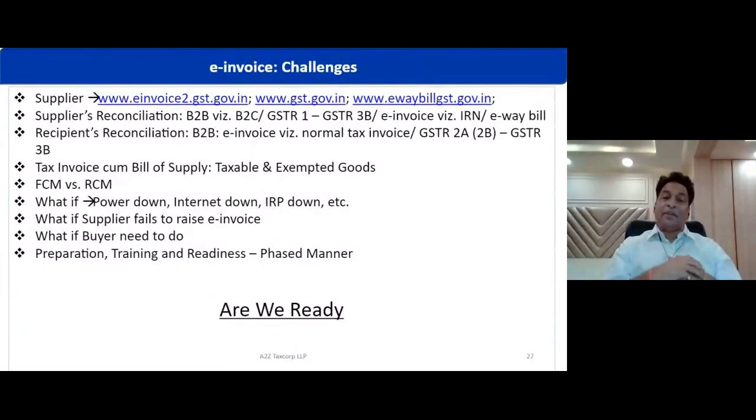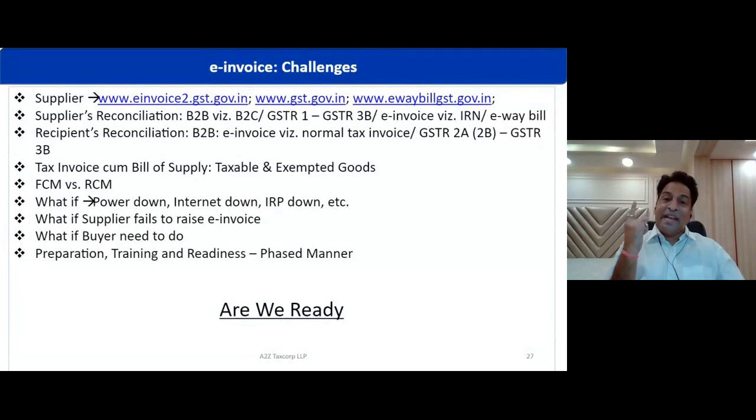Second, for the supplier, there would be reconciliation now. Reconciliation of what? B2B versus B2C. For B2B, they will have e-invoice routed through IRP. But for B2C, a normal tax invoice with QR code is generated automatically from their system. So my GSTR1 will have two kinds of invoice particulars.